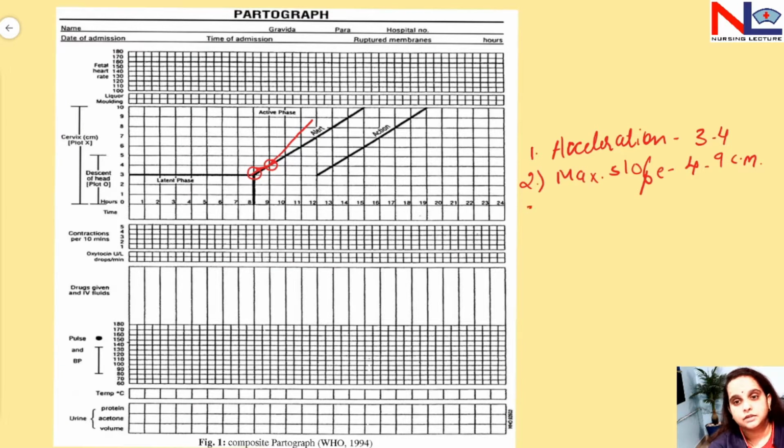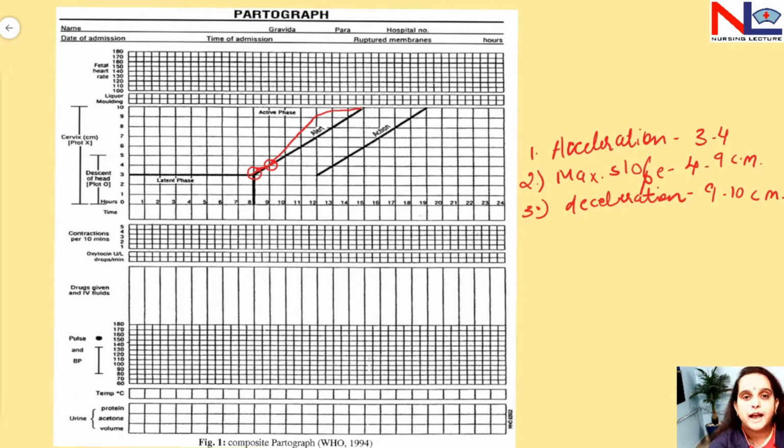And the third phase which he has given is the phase of deceleration. The phase of deceleration begins at 9 centimeter and ends at 10 centimeter. So, after reaching 9 centimeter, the slope goes slowly like this.